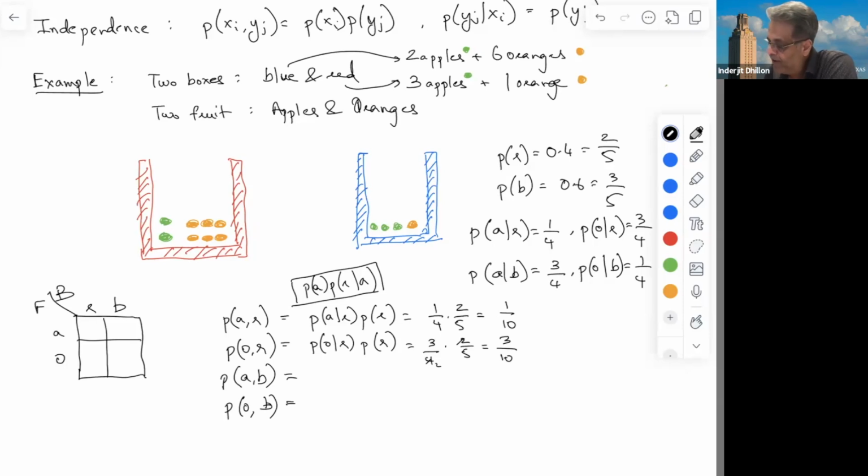Meanwhile, we have P of apple given the box is blue. Again, apply P of A given B, P of B. P of B is 3/5, and P of A given B is over here, 3/4.